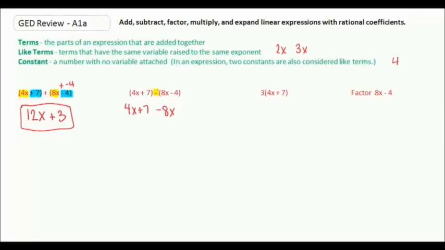And here we're subtracting a negative 4, which really means we are adding 4. So once again, my like terms are 4x, and in this case, negative 8x, and then 7 and positive 4. 4x plus negative 8x gives me a negative 4x, and 7 plus 4 is a positive 11.